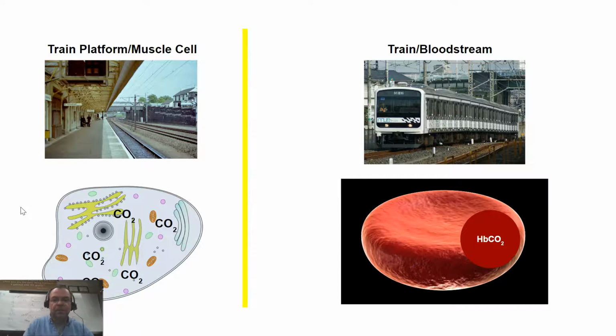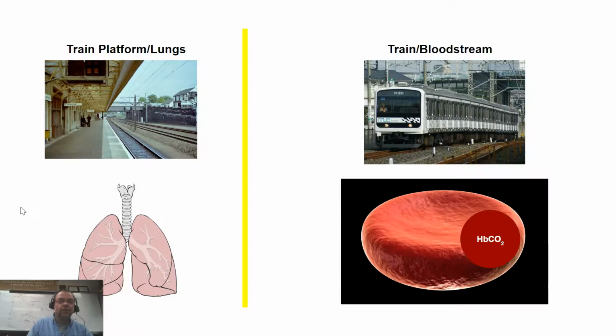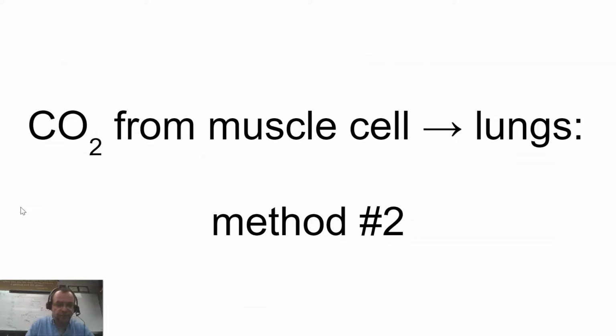That HbCO2 will then go for a ride back to the heart, back to the lungs, and separate back into CO2 and a free hemoglobin. That CO2 will then diffuse into the lungs, and that hemoglobin will be free to pick up an oxygen.